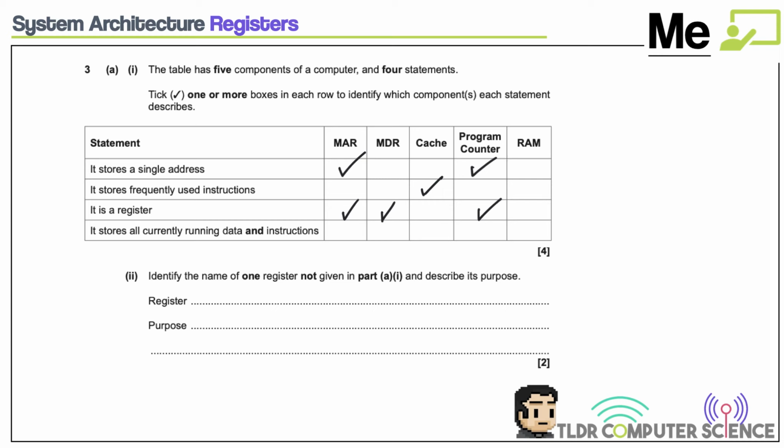And then finally, it stores all currently running data and instructions. Yusuf, what do you reckon? All currently running data and instructions. That's not the stuff you've got stored for later, it's all the stuff you're currently running right now. Where's that stored? Yusuf is suggesting RAM. Does anybody agree with Yusuf?